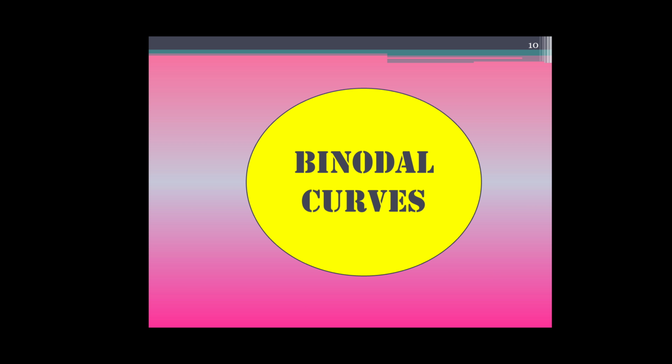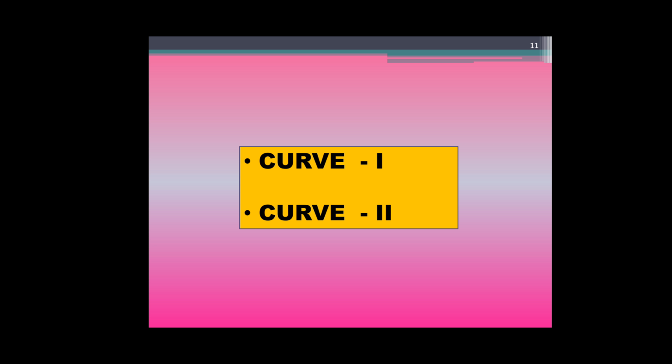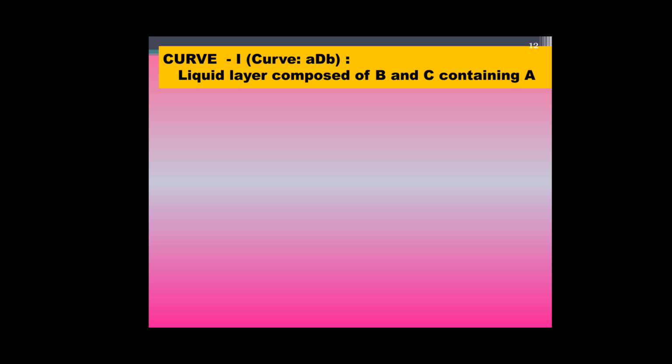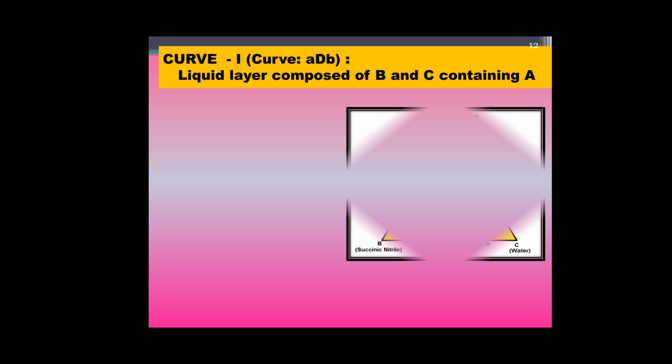Now, we will talk on the binodal curves. So, in the present system, two binodal curves are present, namely curve number 1 and curve number 2. Let us first talk about curve number 1.